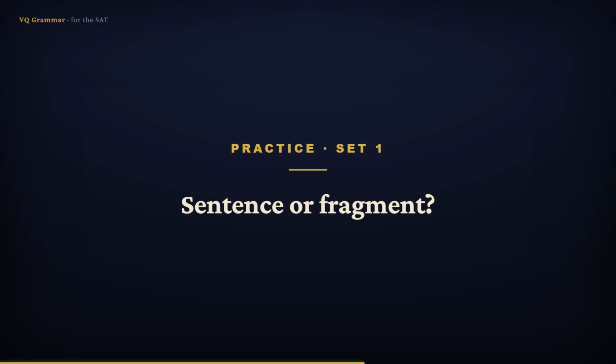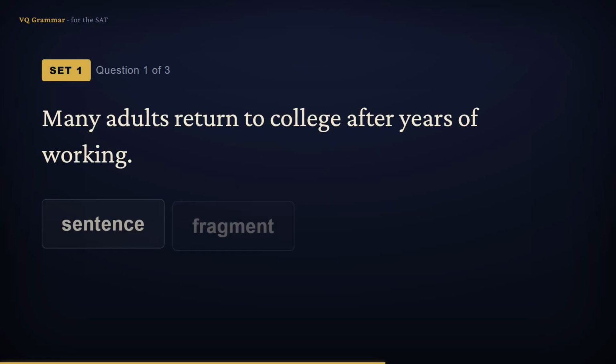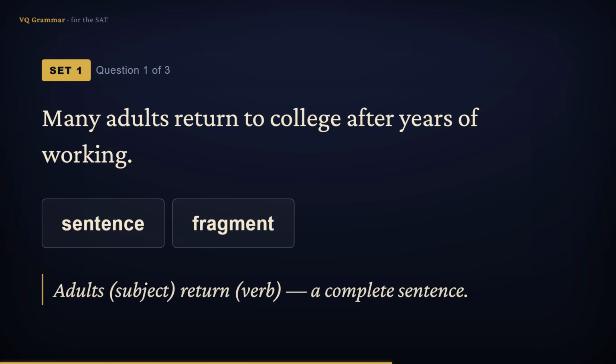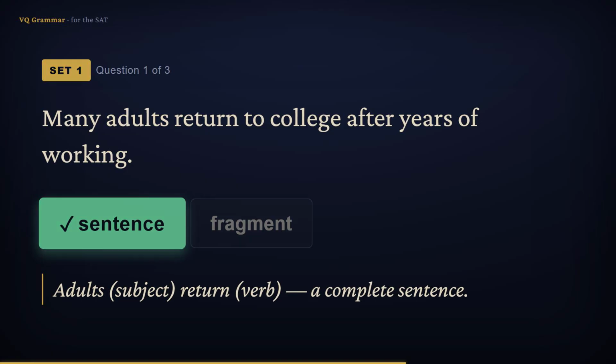Let's practice. Decide whether each word group is a complete sentence or a fragment. Watch for participles and lonely clauses. Pause and try before I answer. "Many adults return to college after years of working." There's a subject, adults, and a verb, return, and it stands alone, so it's a sentence.